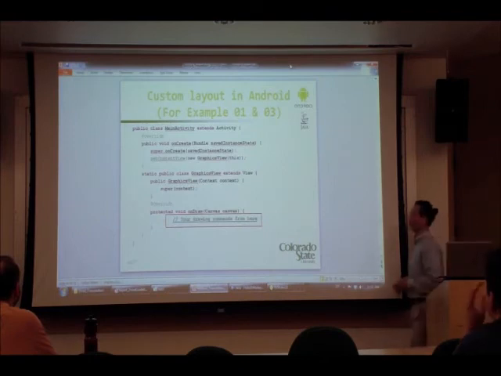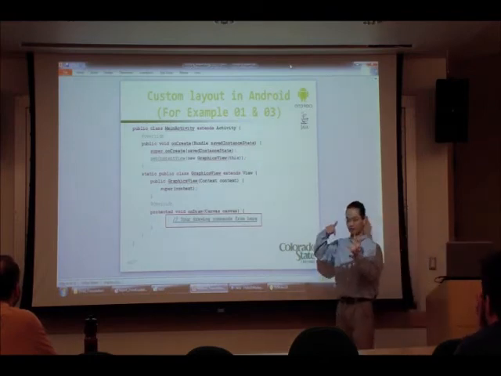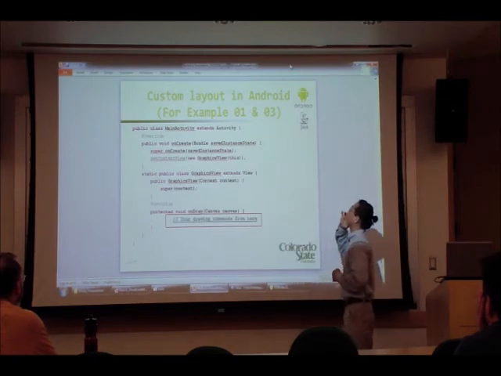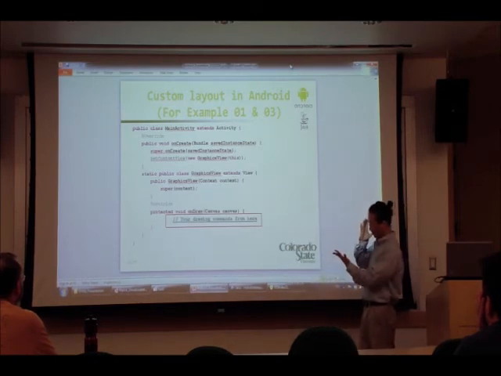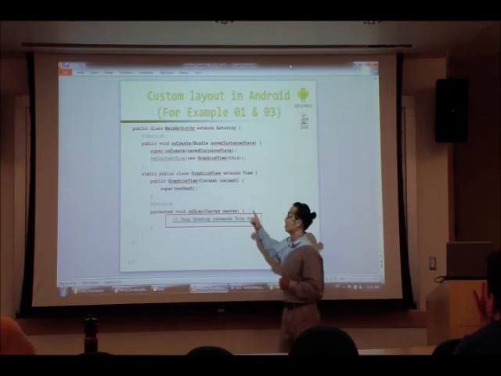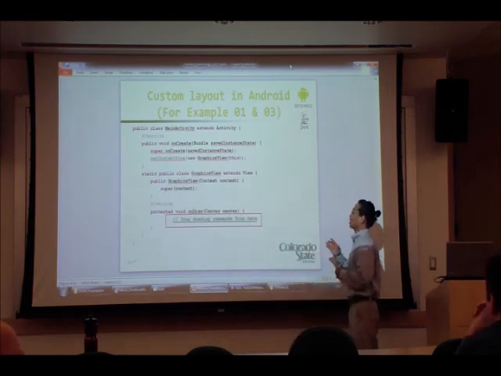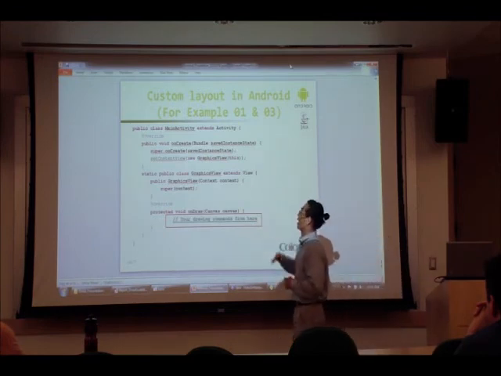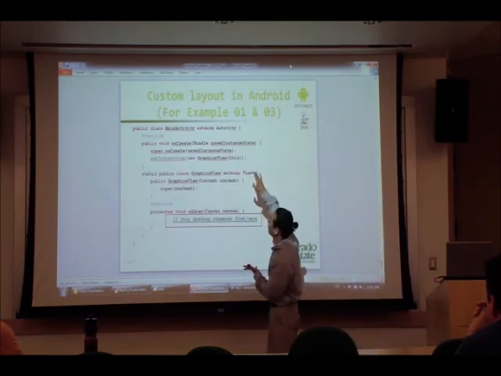And for Android, since we have user interface, first you need to define the layout. For this example, since there's no widget at all, and this is simple drawing, we're going to use a custom layout, and this is the template. You just follow this.